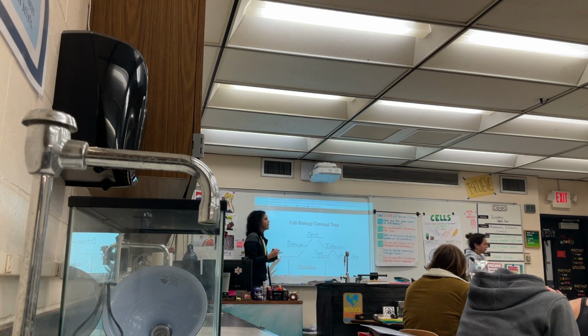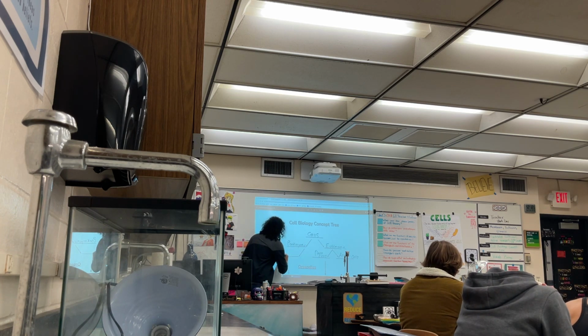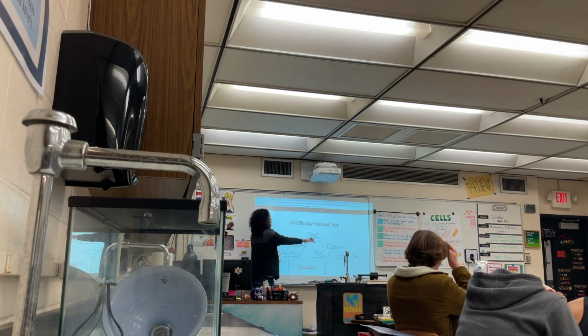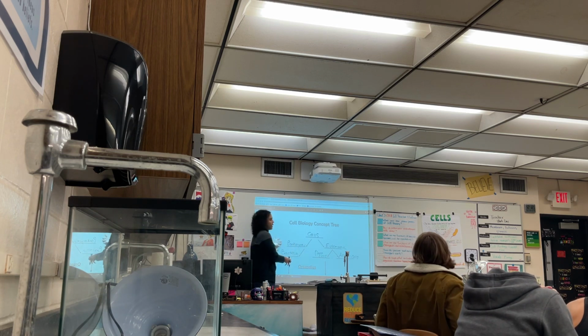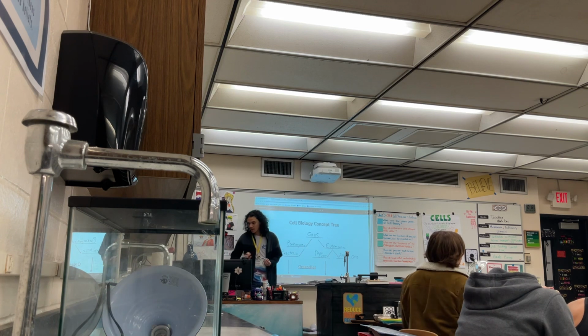And then what is the only type of prokaryotic cell that we've gone over, the example? Bacteria? Yep, bacterial cells. So all of these fall under cells, bacteria under prokaryotic, plant and animal cells under eukaryotic.